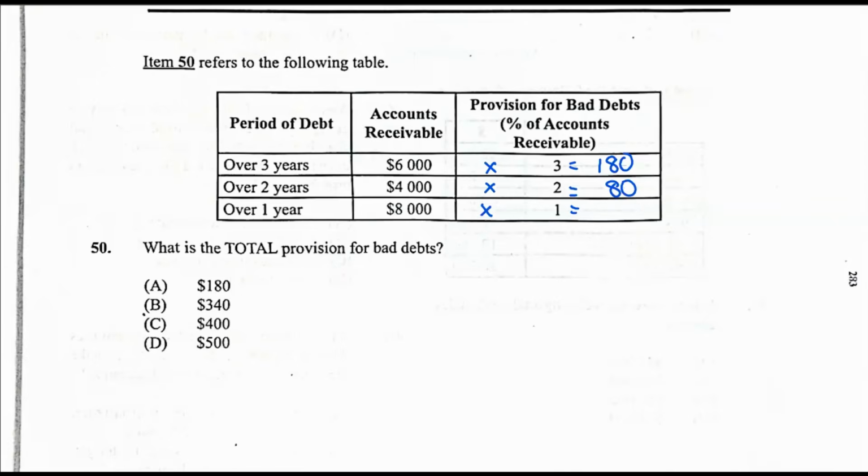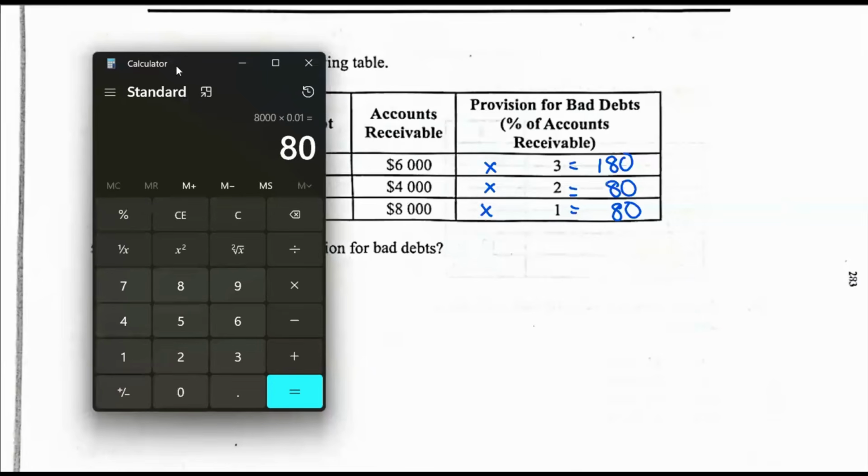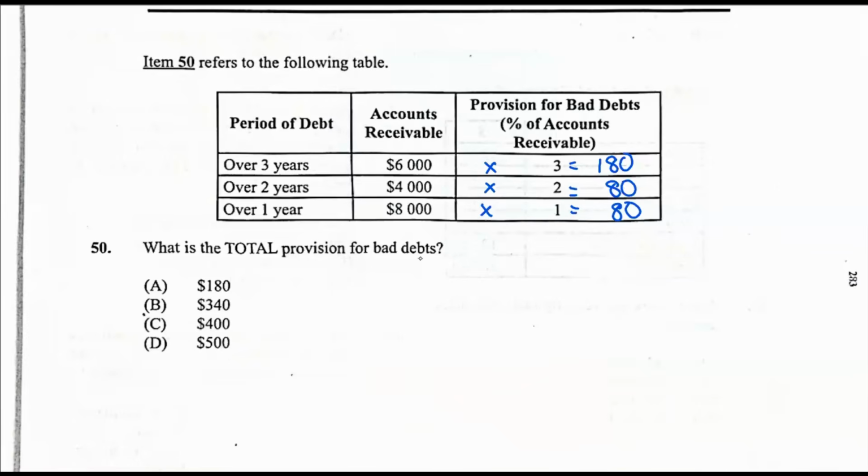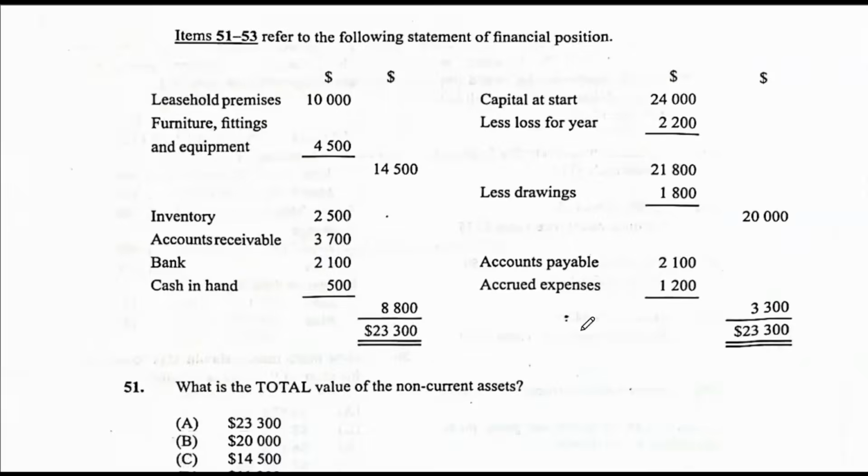And 80 again. Add up those values together. $340. Alright, guys, great job so far. Let's see if we can move on and finish off this paper.